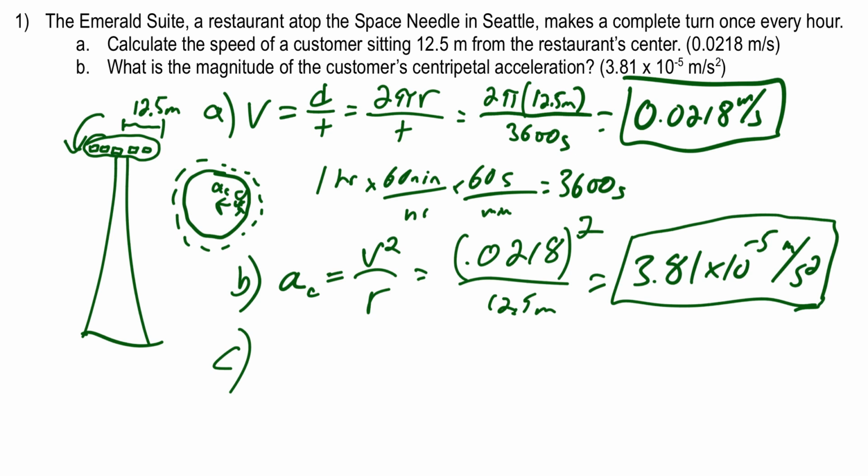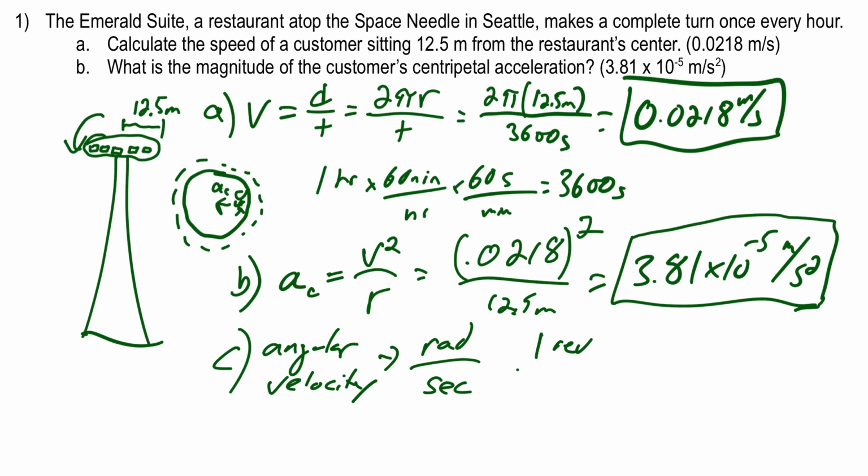I'm going to add a bonus question here. What about the angular velocity? Angular velocity is basically telling you how many radians you're traveling per second. We're going 1 revolution per hour, or 1 revolution every 3,600 seconds.